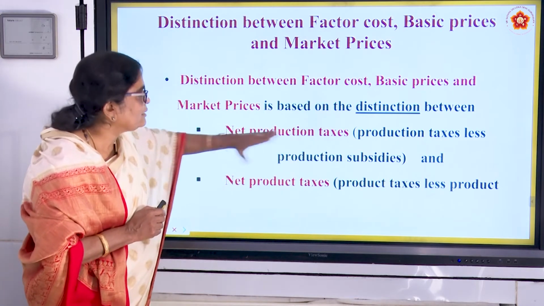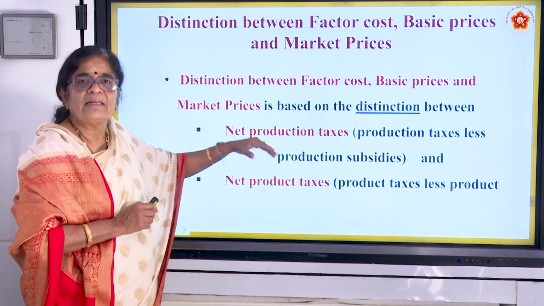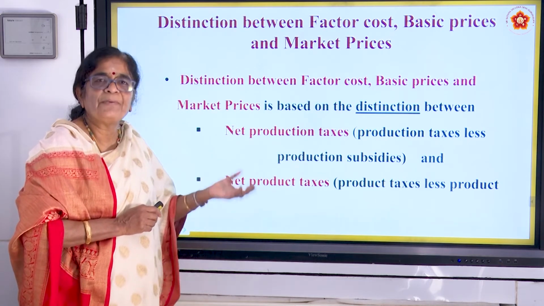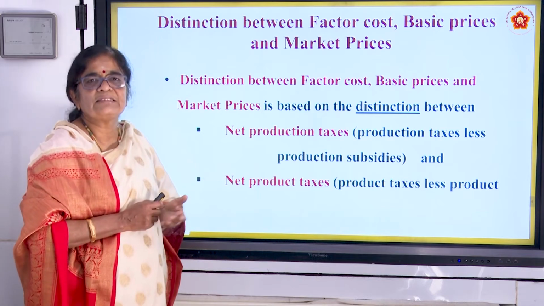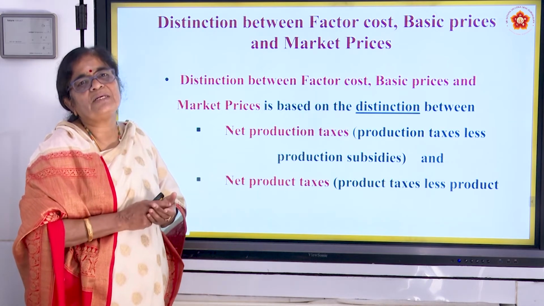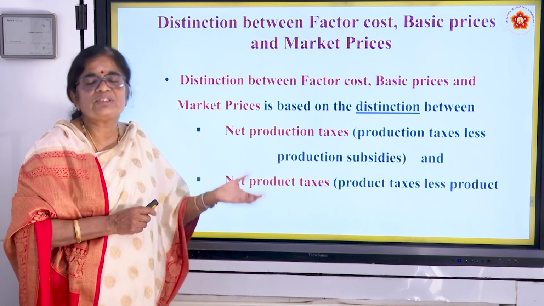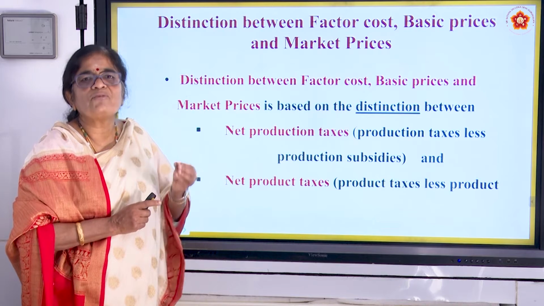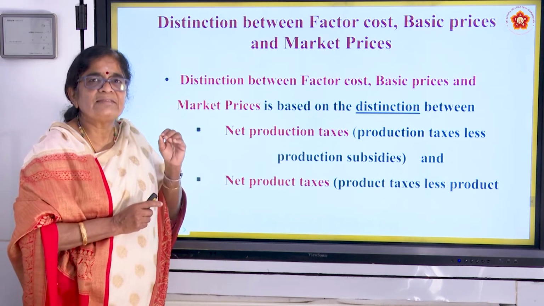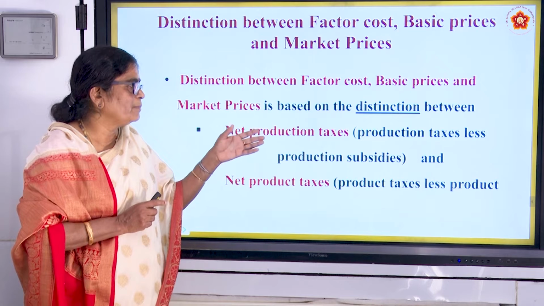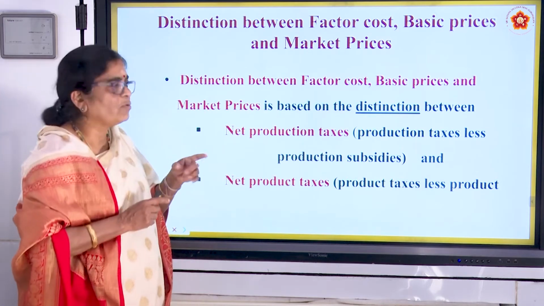Production taxes include land revenues, stamp duty and registration fee. Stamp duty varies from state to state. You have to pay a part of the worth of the property to the land registry, where the documents are made.